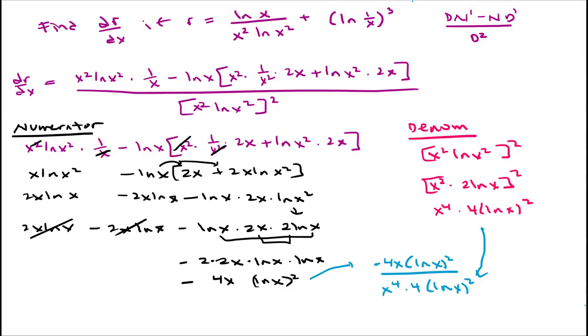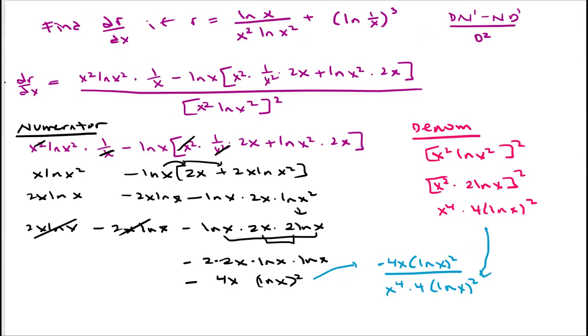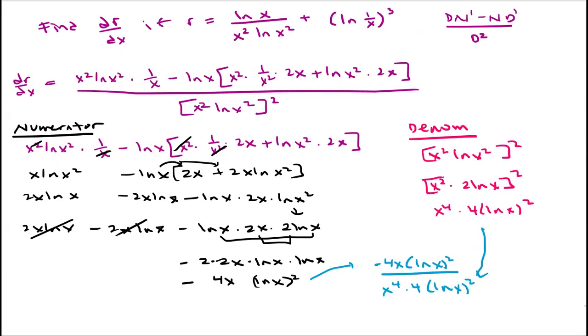So notice that when we simplify this, the ln of x squared, these guys here are going to cancel. Okay. What else is going to cancel? Well, the 4s are going to cancel. Okay. So this leaves us with negative x over x to the fourth.